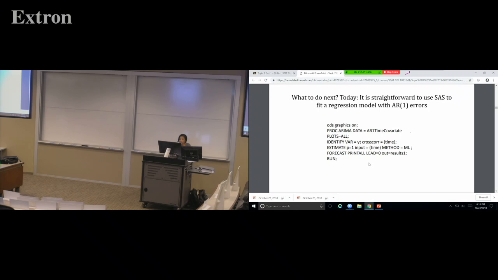The syntax appears very, very similar to what you've seen in the past. The predictor variables that you are going to include, make sure you include them in the crosscorr option in the IDENTIFY statement.